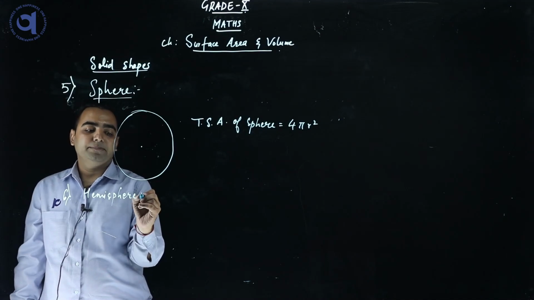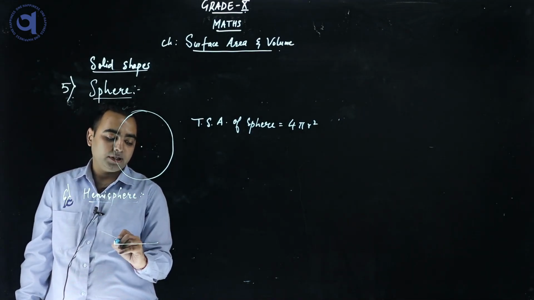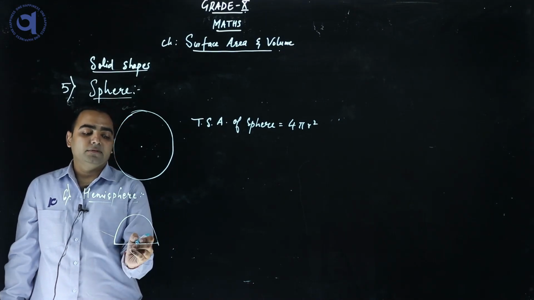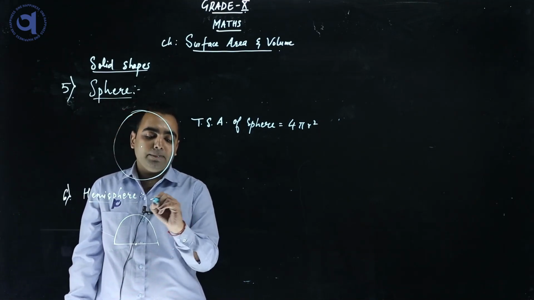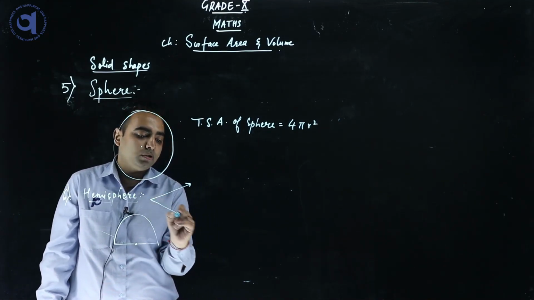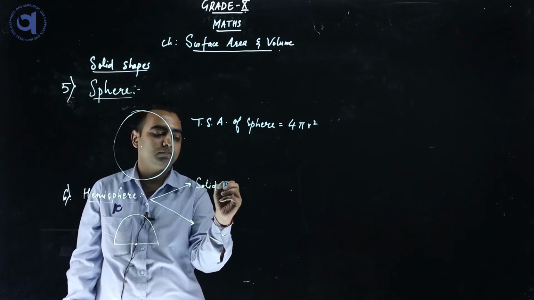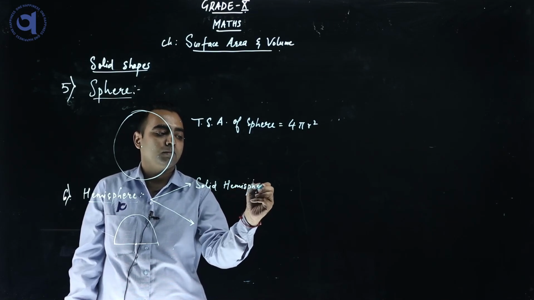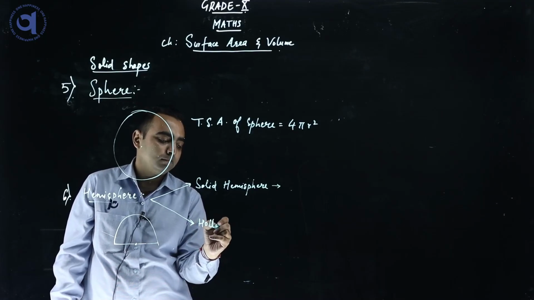Now what is a hemisphere? Means half part of a sphere. For example, if I am drawing a diagram like this, that is called a hemisphere, where this will be its center, this will be its radius, like this. Now in hemisphere there are two things. One will be solid hemisphere, another will be hollow hemisphere.